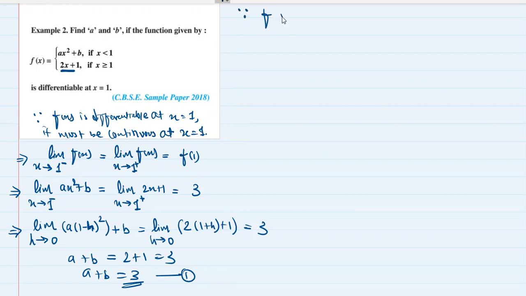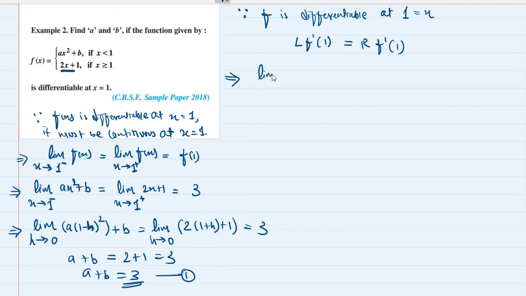Since f is differentiable at x equal to 1, the left hand derivative at 1 should be equal to the right hand derivative of the function at point 1.